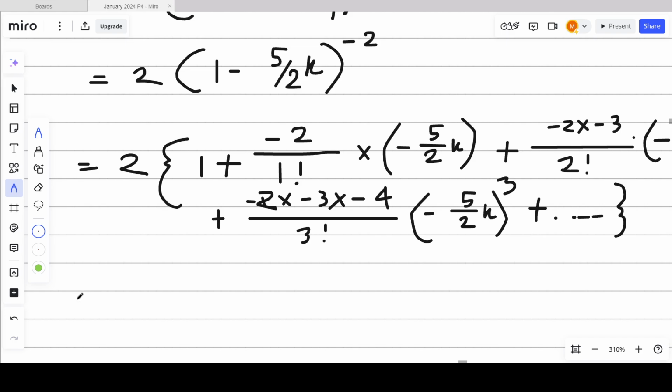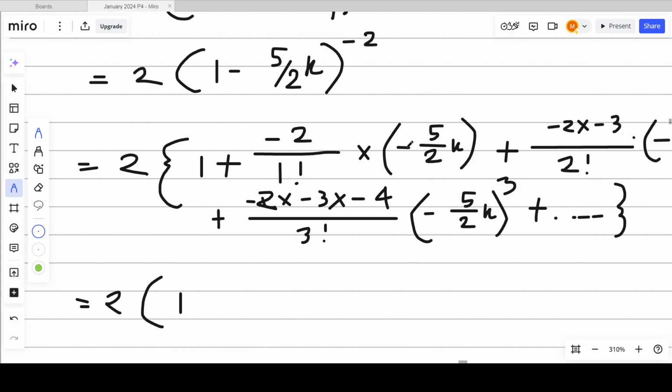Now multiply out the values. What you will get? 1, then minus times minus will be plus. At first consider the sign. The most important thing is that students make this mistake frequently: their terms are fine, but only because of a mistake in the sign they lose marks.